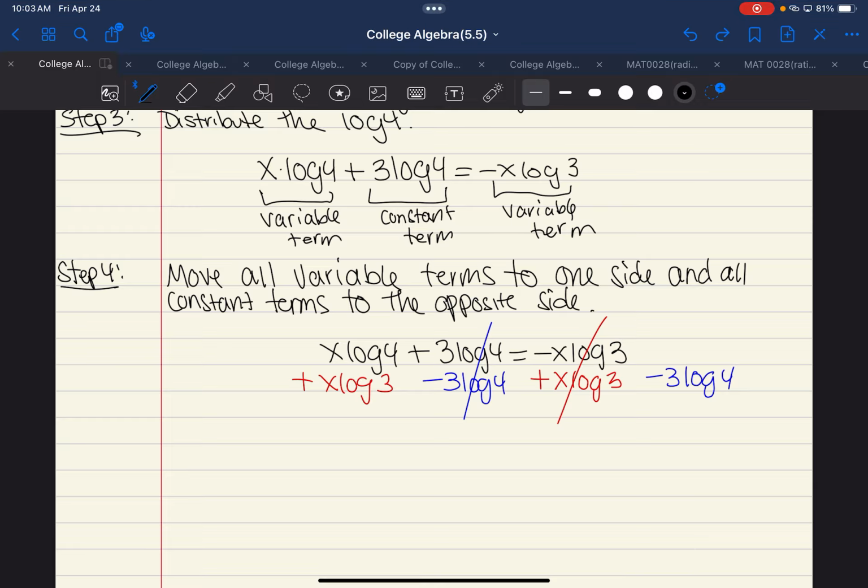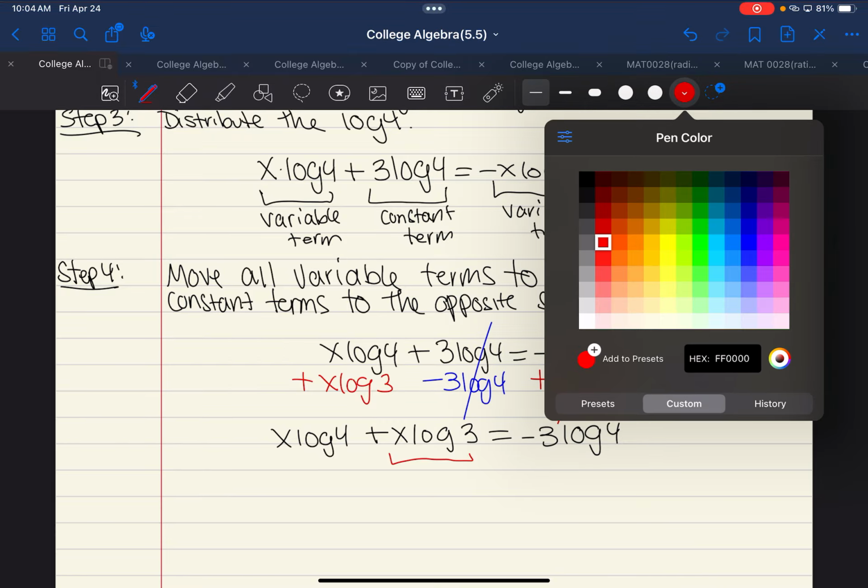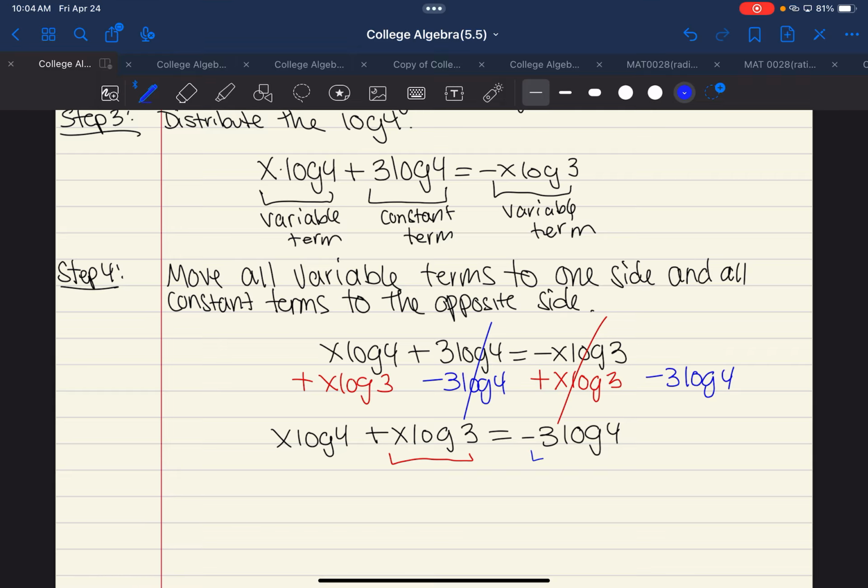So I'm just going to rewrite that as x log of 4 plus x log of 3 is equal to negative 3 log of 4. This is the one that I added to the left, and this is the one I subtracted to the right. So that's what that left me with.